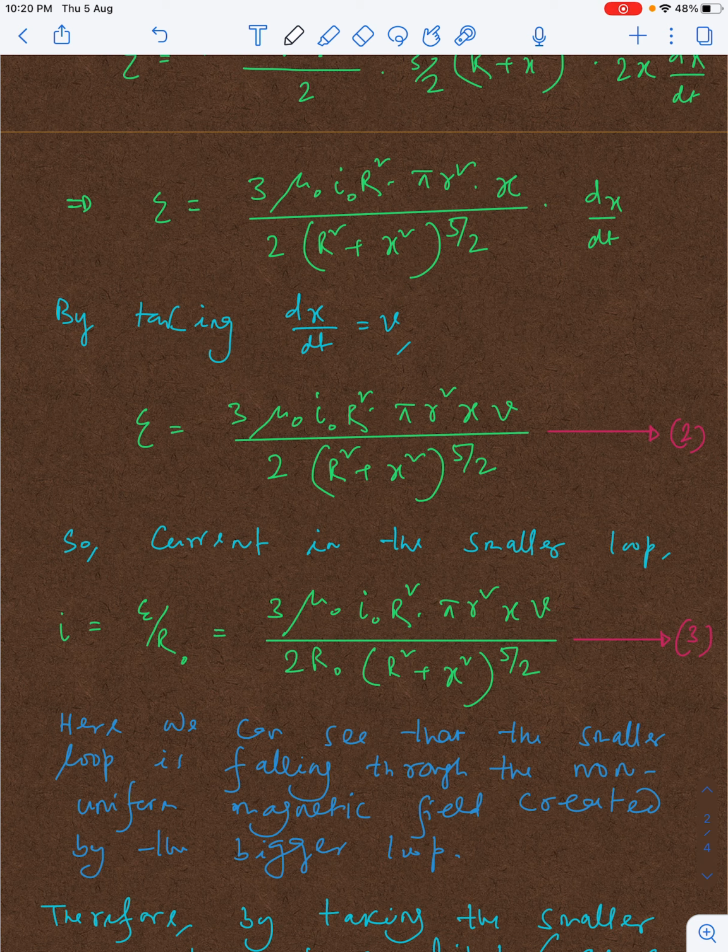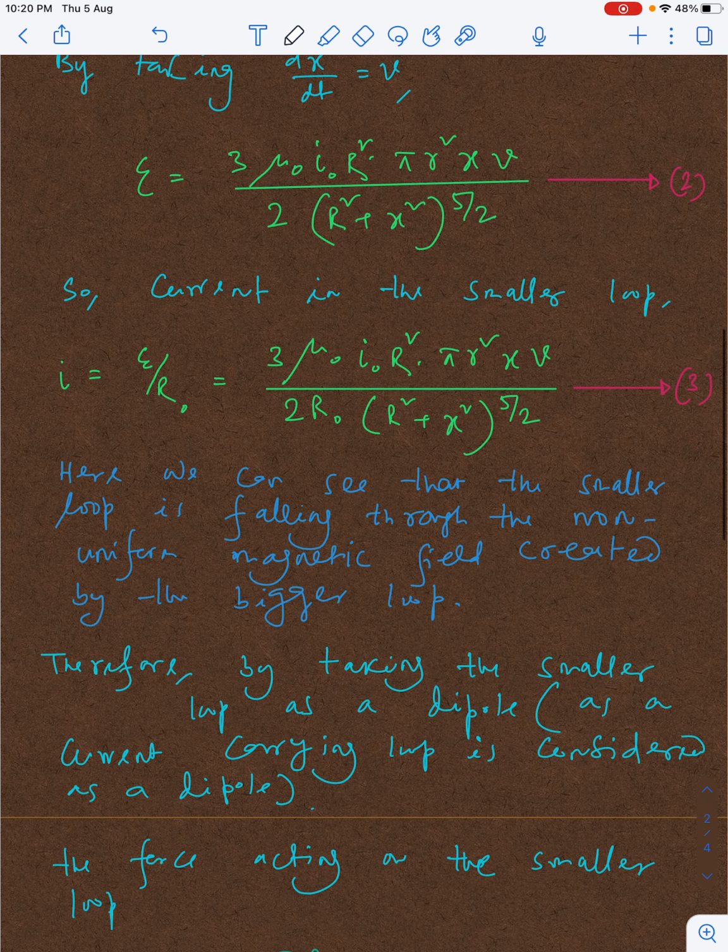Once we have the EMF induced in the loop, I can calculate the current induced in the smaller loop. I will be equal to the induced EMF divided by the resistance R naught, which is already mentioned. So this is the term which is coming, the current induced in the smaller loop. Now, you try to imagine that once there is current in the smaller loop, that smaller loop also starts behaving like a magnet, a magnetic dipole.